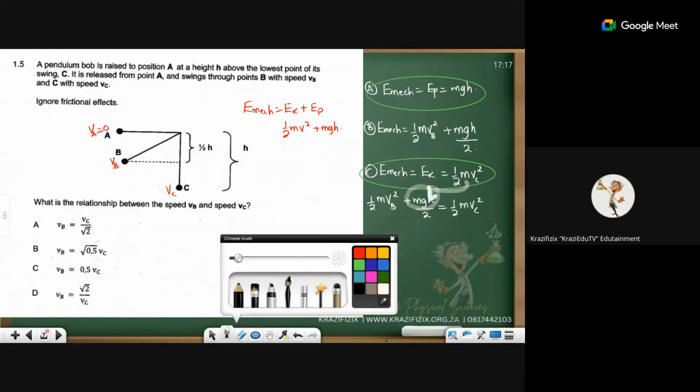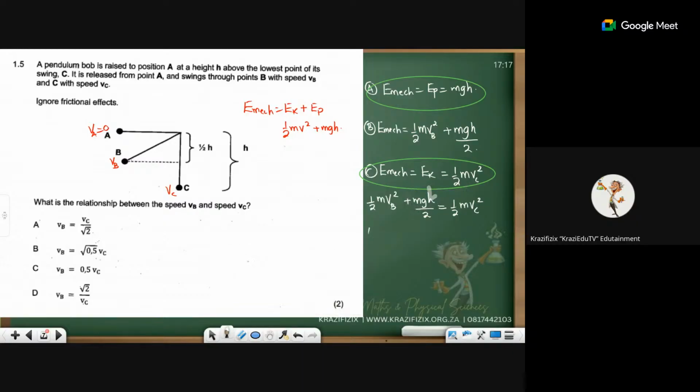So if I put that there, I will have 1 over 2 mvb squared plus 1 over 2 times the whole thing, 1 over 2 mvc squared, because the 2 at the denominator is the first 1 over 2.